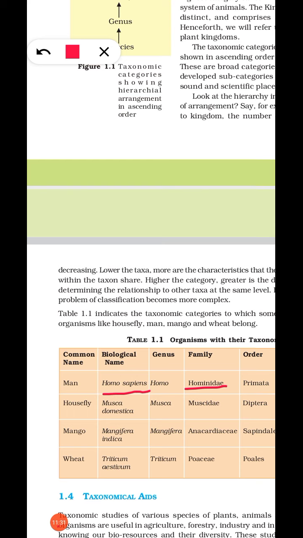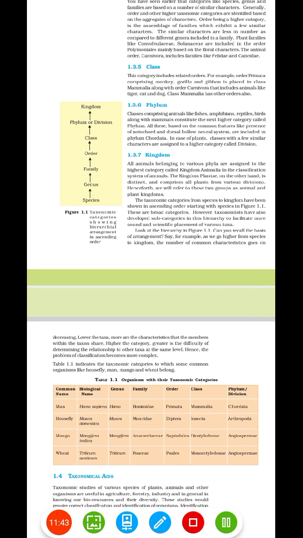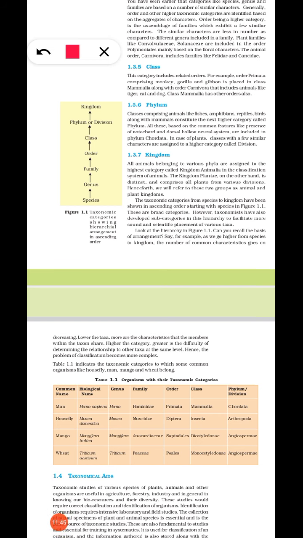Class is Mammalia. Phylum is Chordata. Division we won't say here, we'll say only phylum. So man's scientific name is Homo sapiens. Genus is Homo, family Hominidae, order Primata, class Mammalia, and phylum is Chordata.